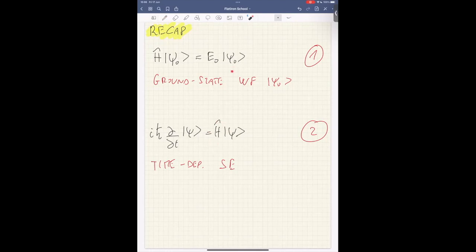This one is for the equilibrium ground state properties at zero temperature, and this one is for the time-dependent properties when you start from some initial state. So these are really important equations, and we really would like to find a way to solve them.